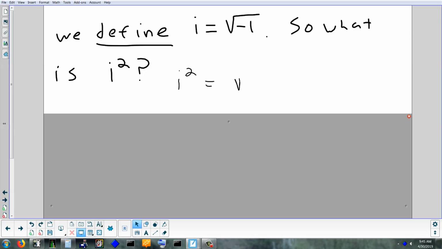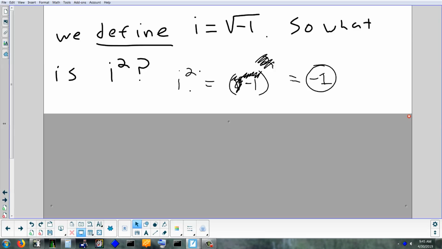Or you could also write it like this: the square root of -1 squared. That's I squared. What happens when you square root and square something? It cancels each other out. Square and the square root cancel each other out. And what's left? -1. So if we all agree that I is the square root of -1, then that makes I squared something very nice. It makes it the number -1.